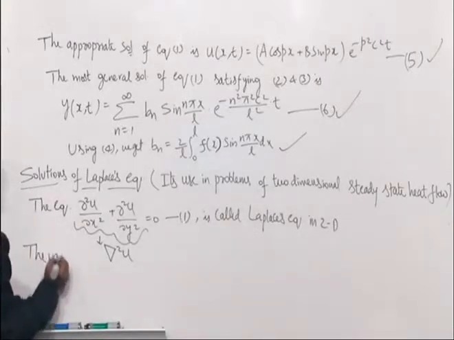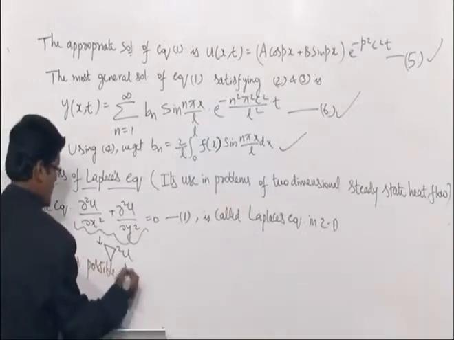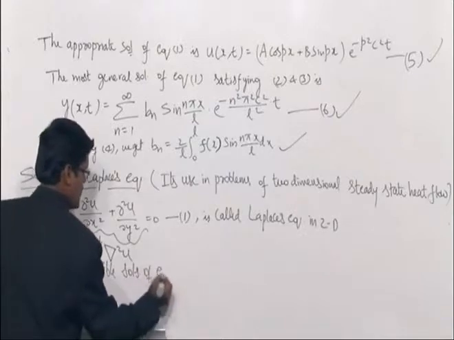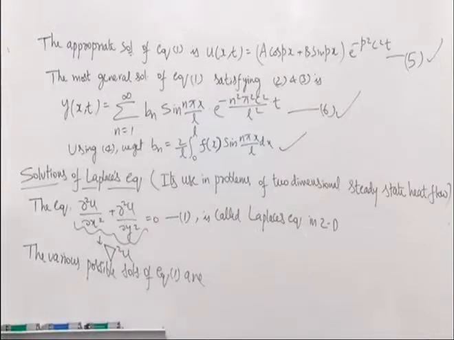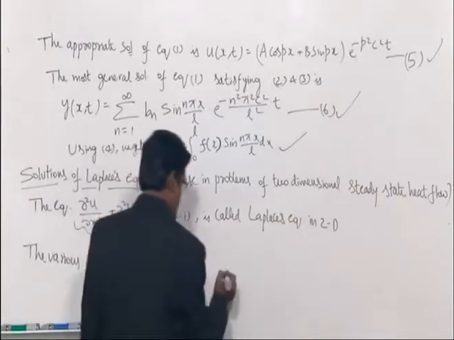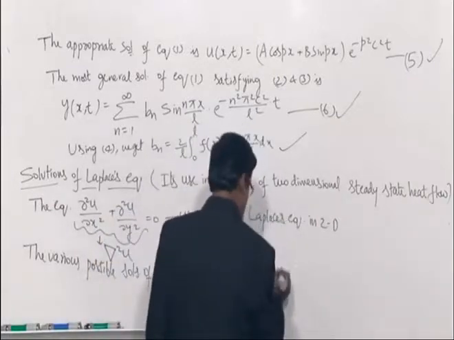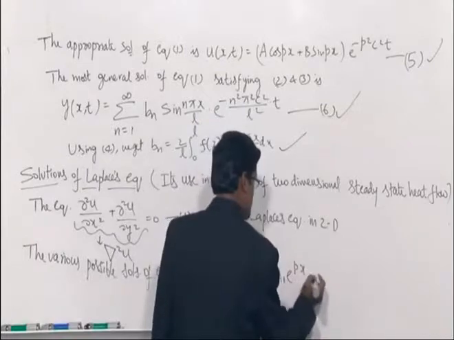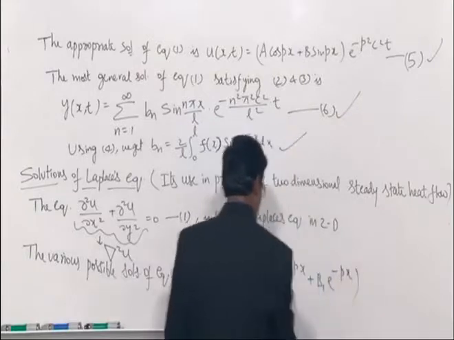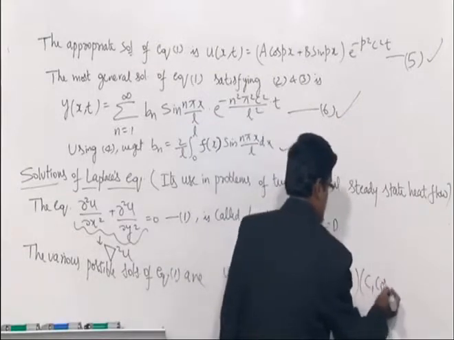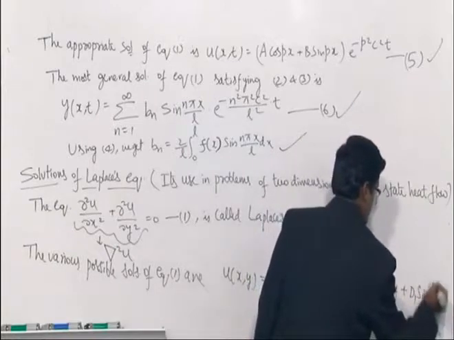The various possible solutions of equation 1 are: first, u of x comma y is equal to a1 e power px plus b1 e power minus px times c1 cos py plus d1 sin py, equation 1.